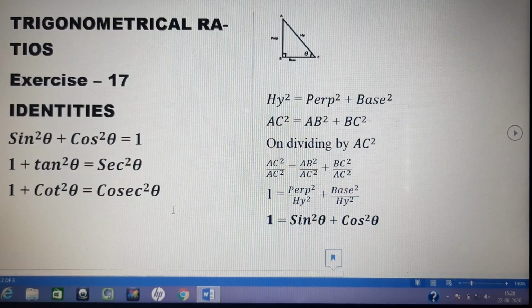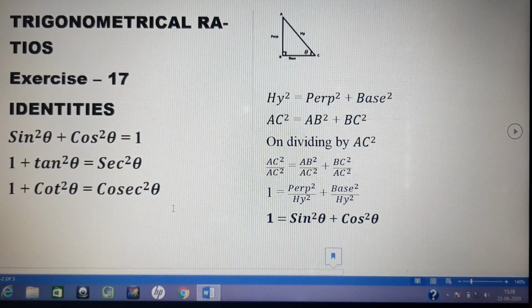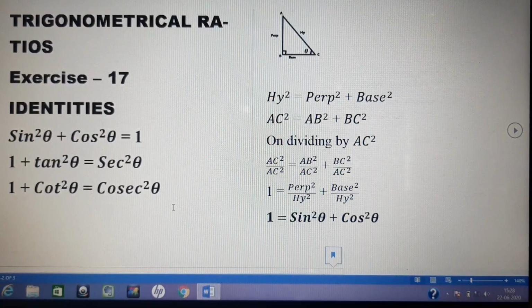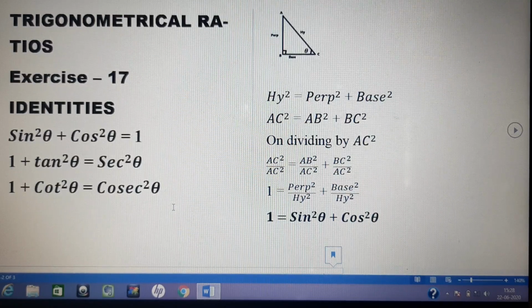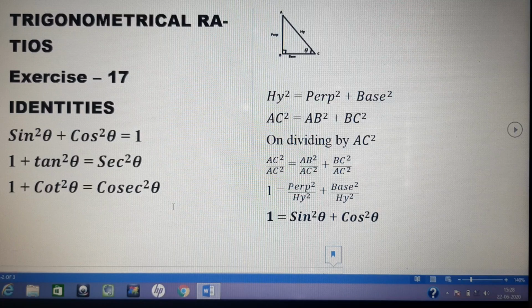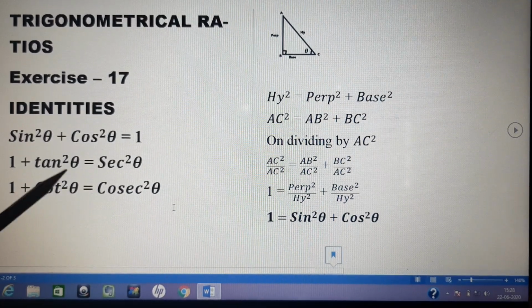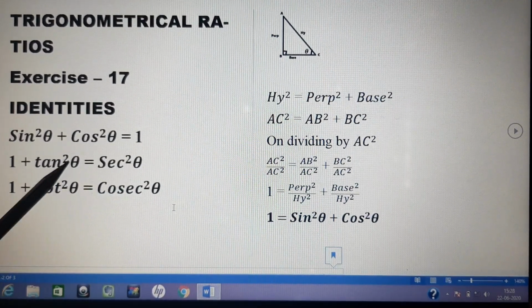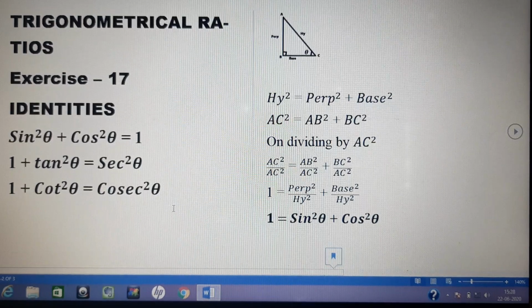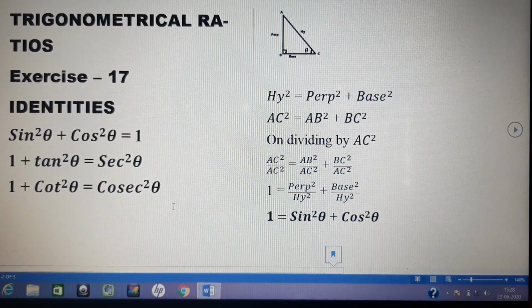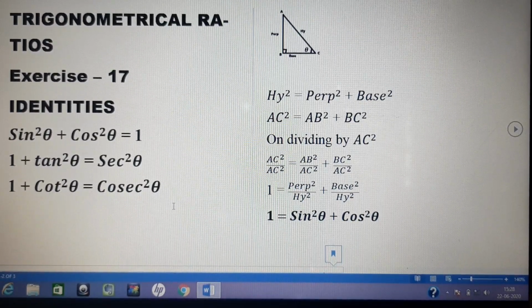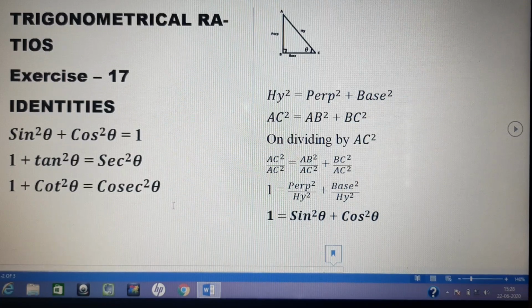Second formula, which is 1 plus tan square theta is equal to sec square theta. It can be used as sec square theta minus tan square theta is equal to 1, because if you transfer tan square theta to the other side, it becomes minus tan square theta. Clear?